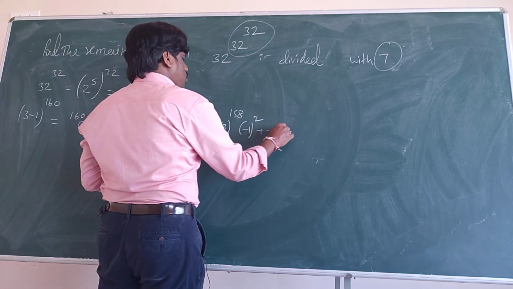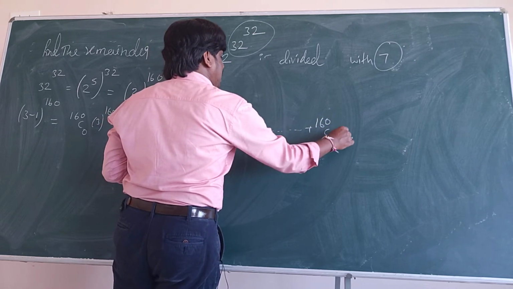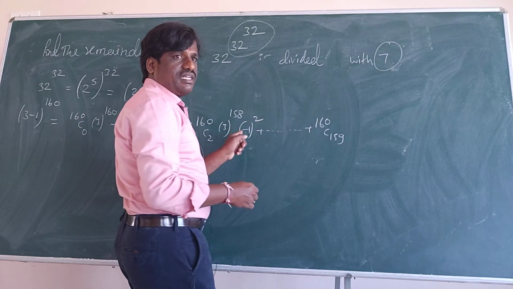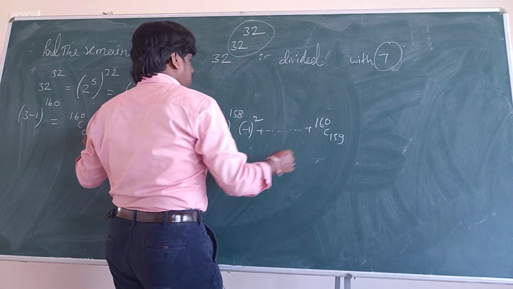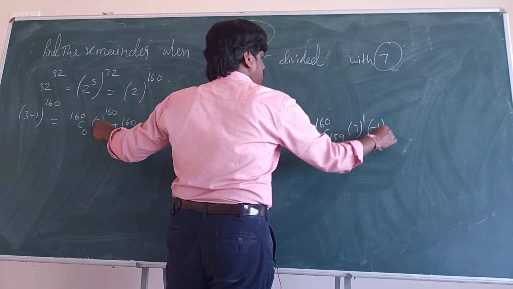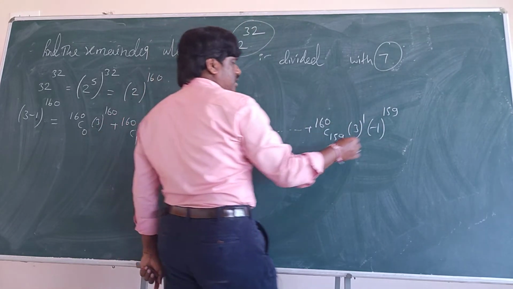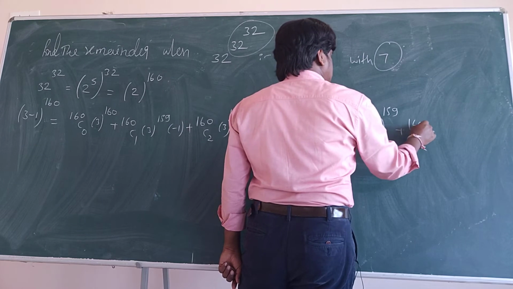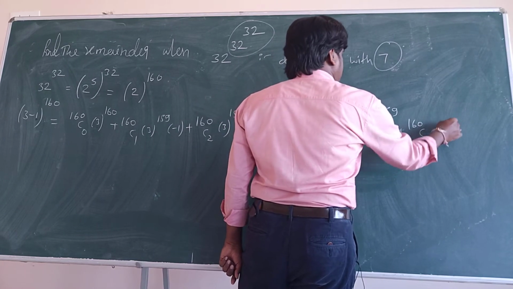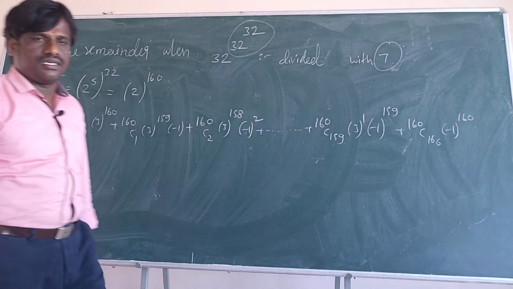So on and so on, what I am going to get here is 160 C 159, 3 to the power of 1 and minus 1 to the power of 159. And plus 160 C 160, minus 1 power 160. I am doing just the expansion there.